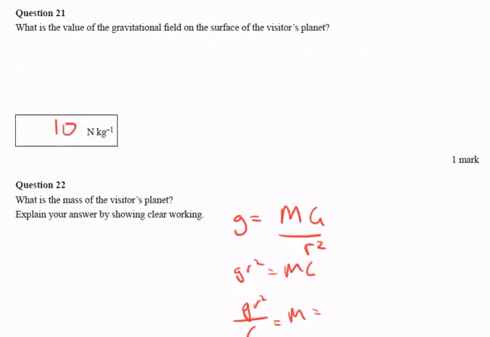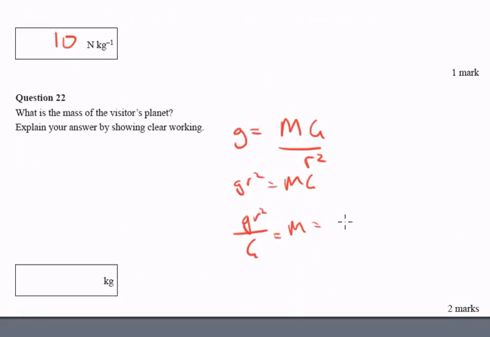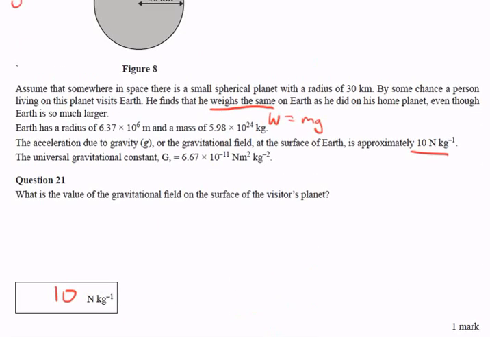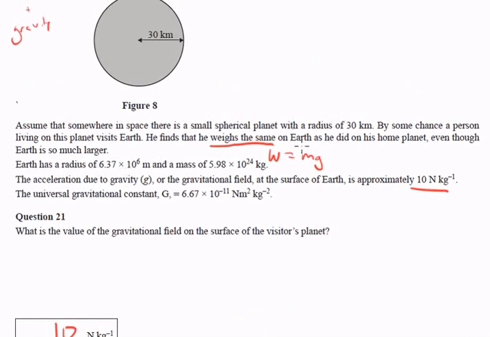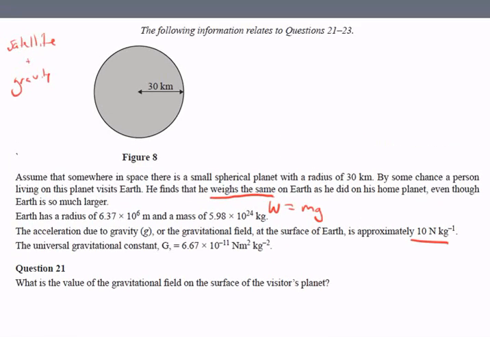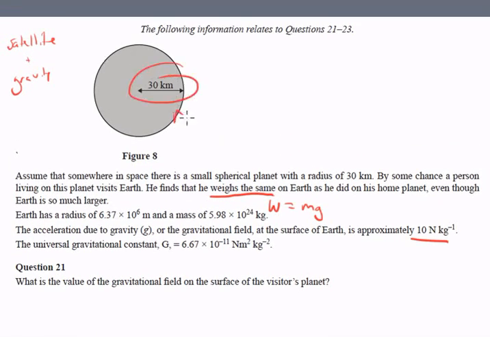How big is this planet? What's the radius? Well, we've got 10, that's gravity, and then r squared. Let's find r. Earth's radius, but we want to look at the radius of this planet. Radius is 30 kilometers. Now 30 kilometers, we don't like to use kilometers, so that's 30,000 meters.